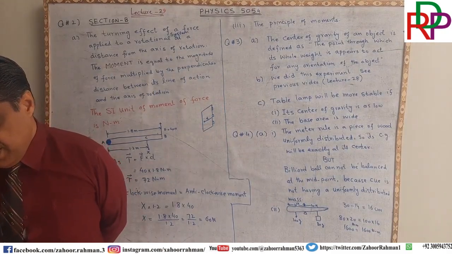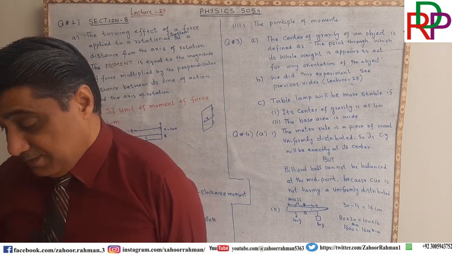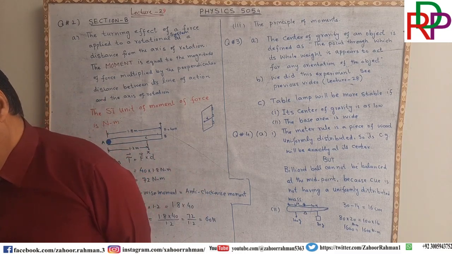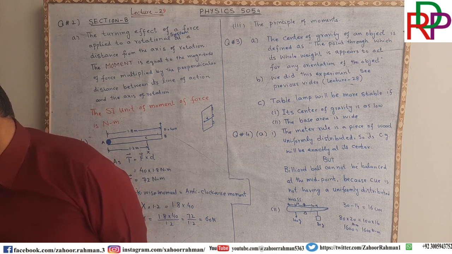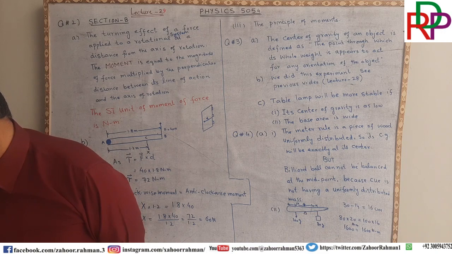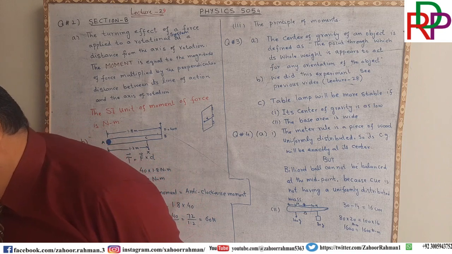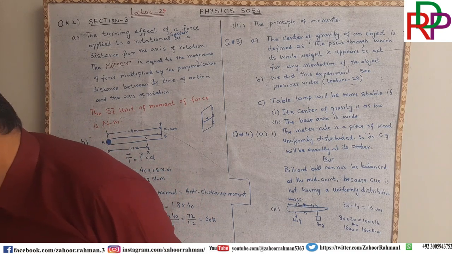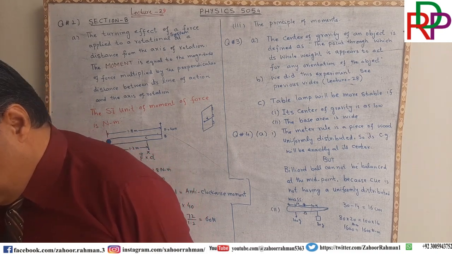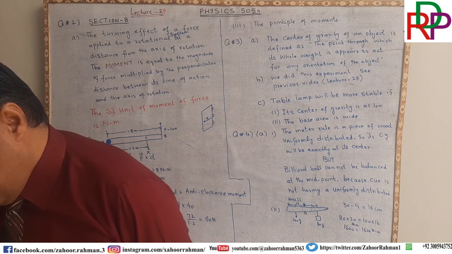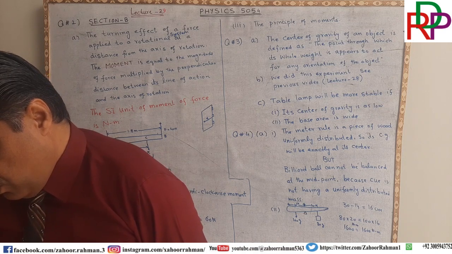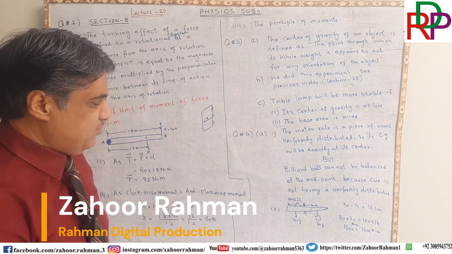The second part is saying: describe an experiment to show that when a billiard cue is in equilibrium with two known masses hanging from it, the clockwise moment acting about the fulcrum is equal to the anti-clockwise moment.